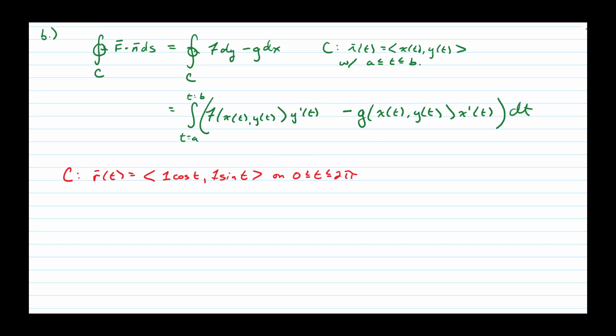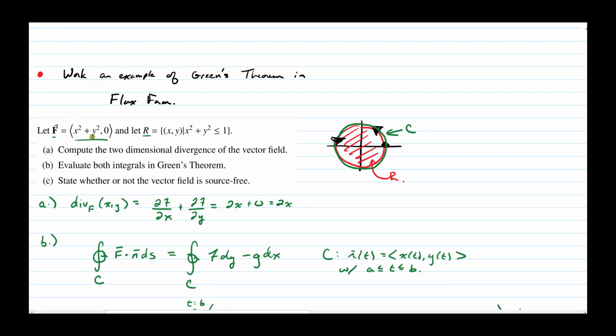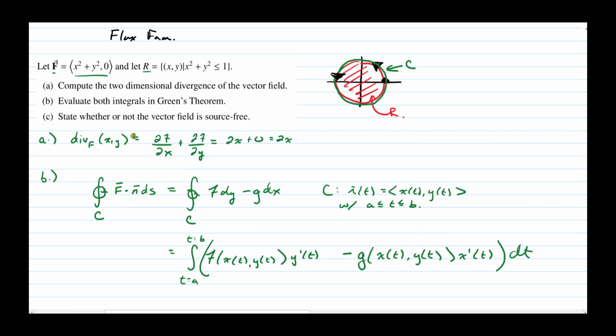So now that we've got our parameterization, computing the flux integral is simply a matter of plugging and chugging. So we've got the ordinary integral from t equals 0 to t equals 2 pi. Then I'm going to take the x component of our vector field and subject it to our parameterization.